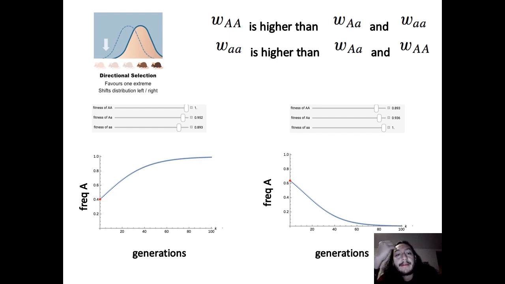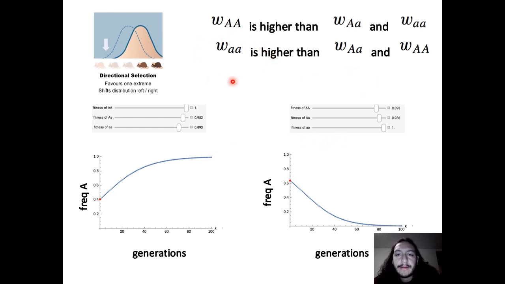So then if we have, for example, the dominant homozygote with a fitness that is higher than the heterozygote and the recessive homozygote, we're going to find that then this big A is going to basically go to fixation.